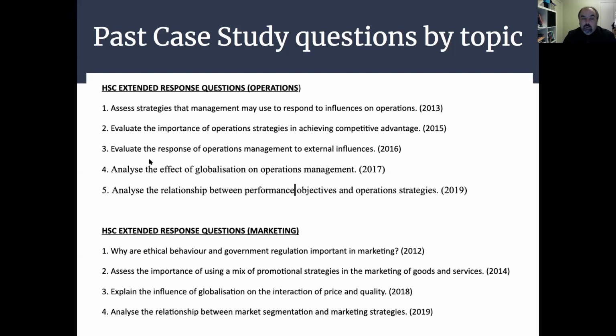We've already been through question 5, that relationship between the performance objectives and the strategies. 2017: analyse the effects of globalization on operations management. This is a good one to point out. When it says operations management, typically it means the strategies. Could it mean the processes? Absolutely. But it's like, how does globalization, the breaking down of barriers between countries and allowing greater access to markets, affect operations?